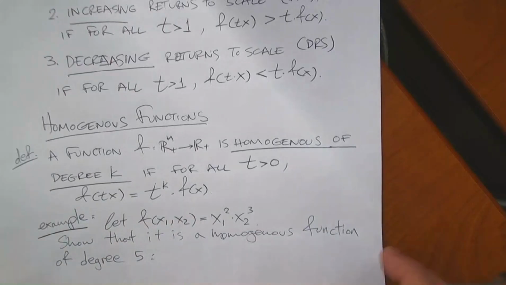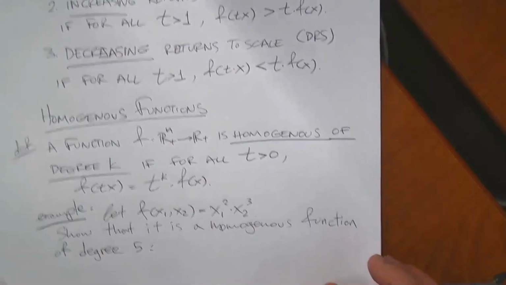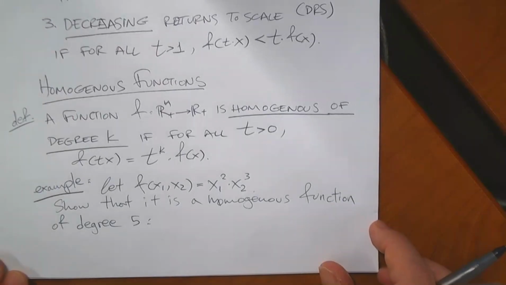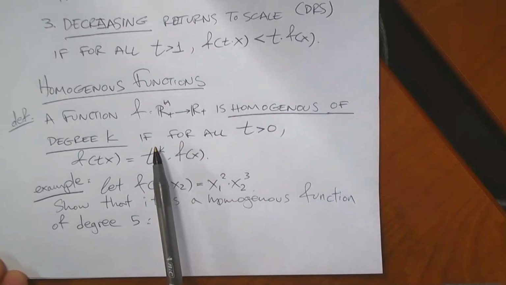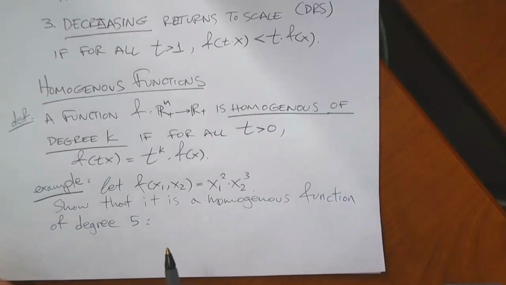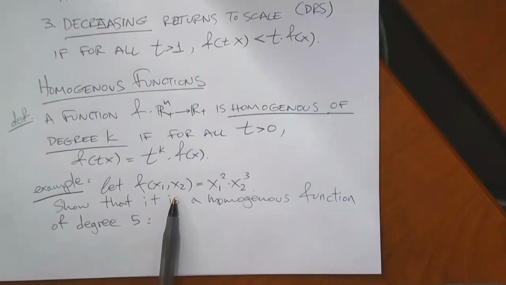Well, you can go to the definition, obviously, and say, if we multiply the inputs by t, we should be getting t raised to the power of 5 times the original production function, if that would be the case. So let's go ahead and do that. What does it mean to scale up both of the inputs by t?